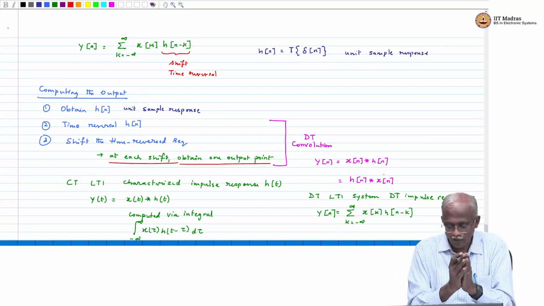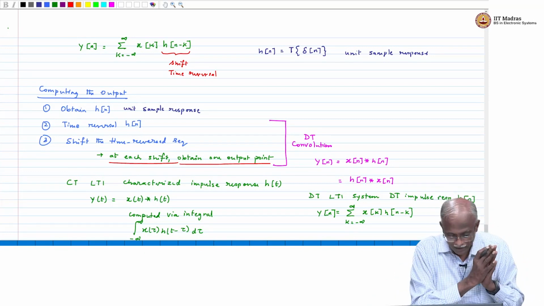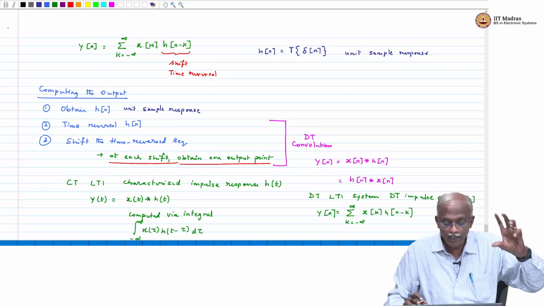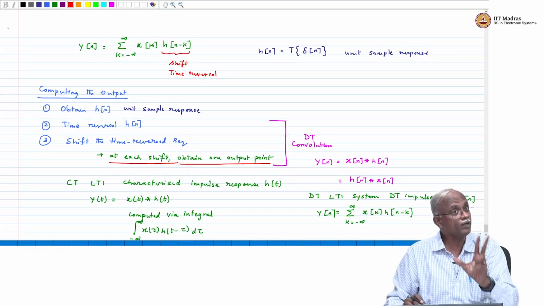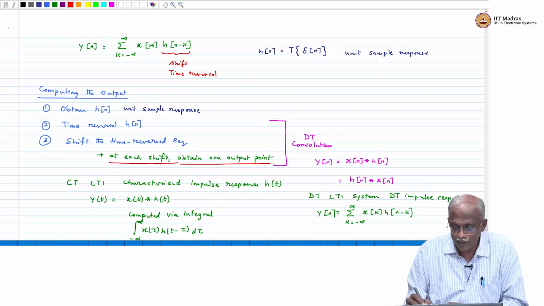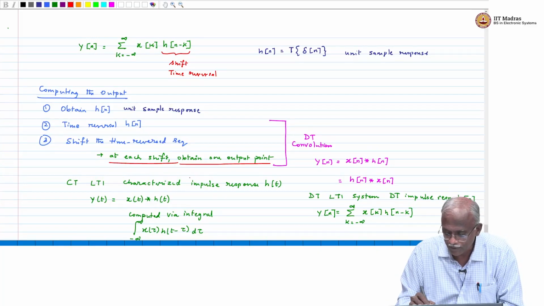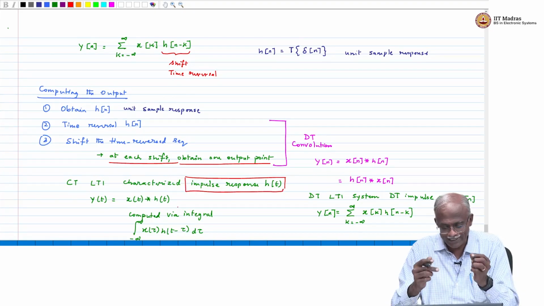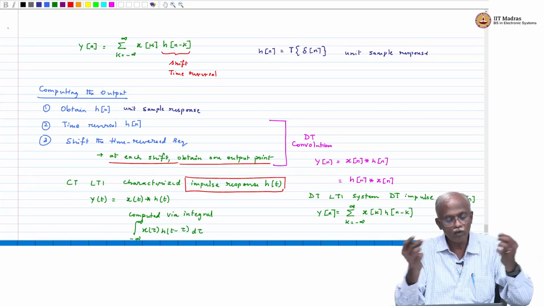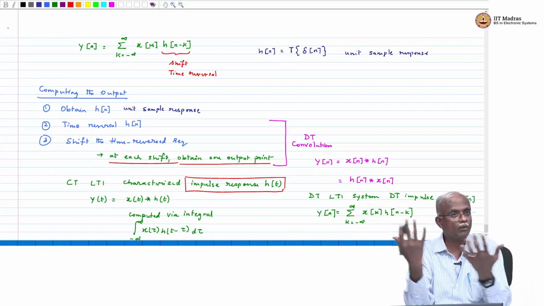Now, since you have already done the course on signals and systems, there you would have represented a continuous time linear time invariant system by means of an impulse response h of t. And you would have computed the output in exactly the same way, as a convolution between the input and the impulse response.